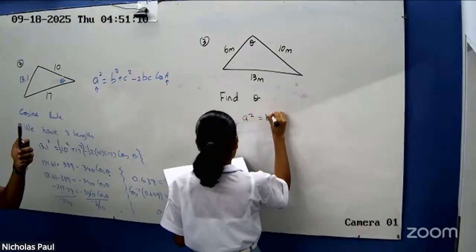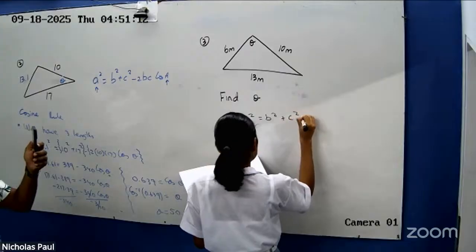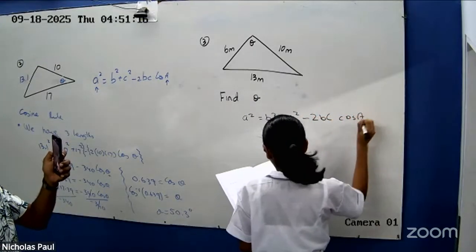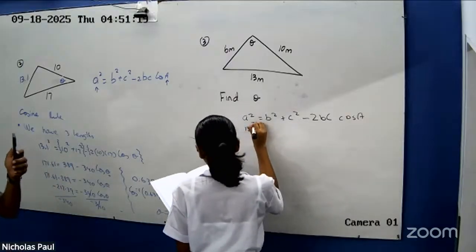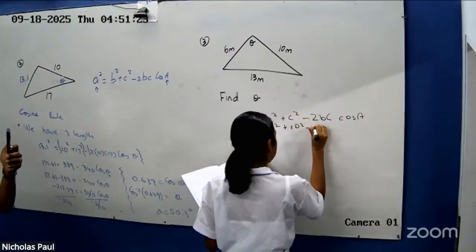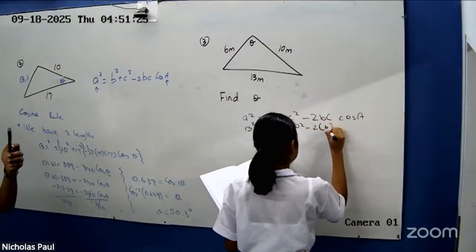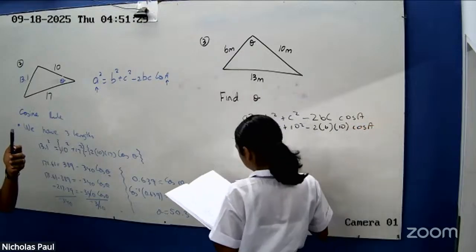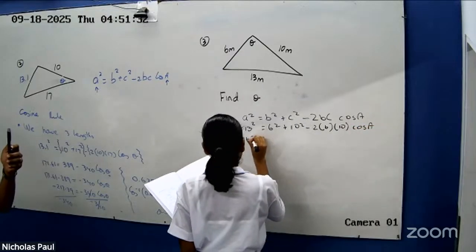Alright, so we're using cosine rule here. Right, did you choose the right length on the outside? 13, right? Because 13 is opposite to theta.